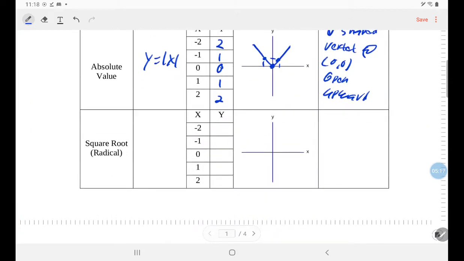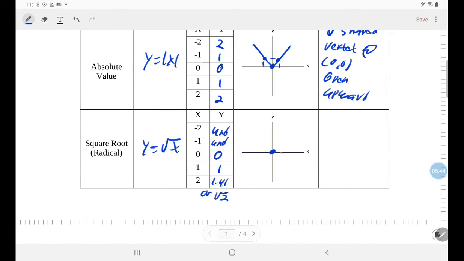Okay, and the last one, y equals square root of x. Square root of negative 2 is undefined, so is negative 1. Square root of 0 is 0, square root of 1 is 1. Square root of 2 is like 1.414 and change, or you can just call it root 2 if you prefer.